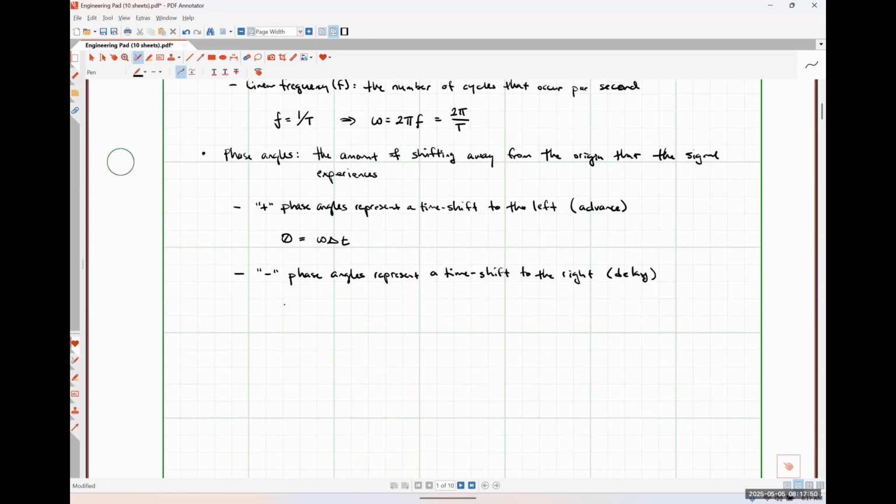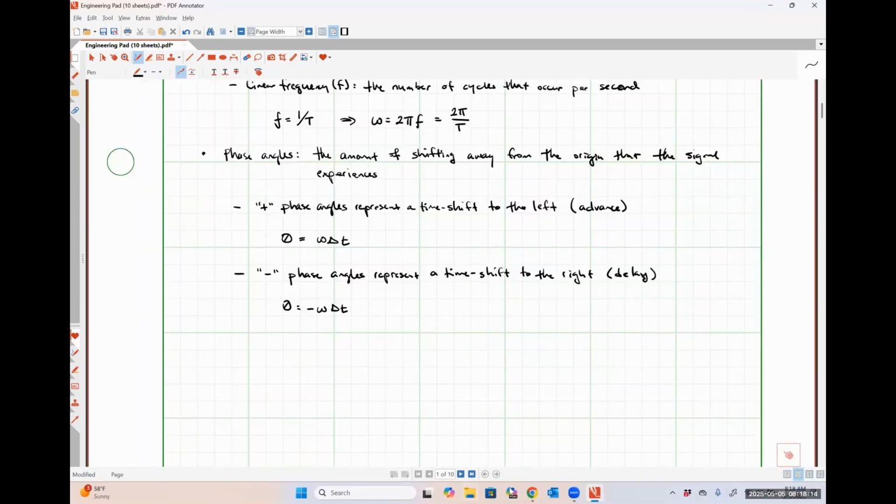And in that case, our phase angle is going to look like just negative omega times delta t. Now, this may seem counterintuitive. A shift to the left is a positive phase angle, and a shift to the right is a negative phase angle. So just to prove to you guys that I'm not making this up, I want to take a quick look at Desmos, okay?